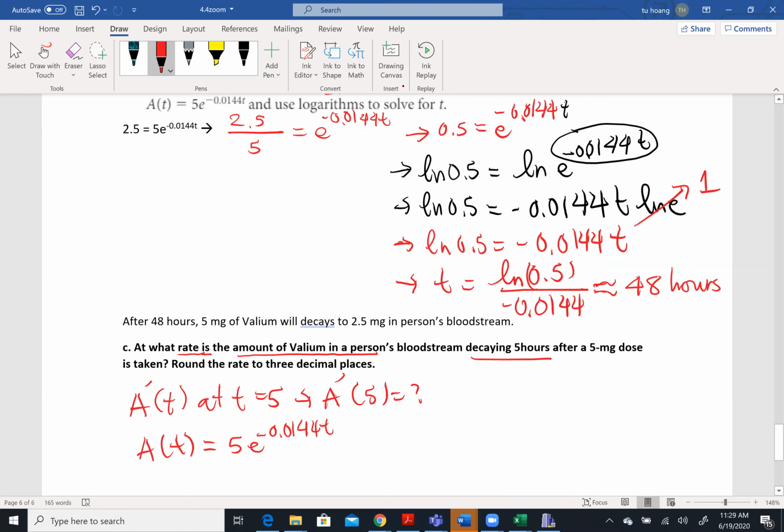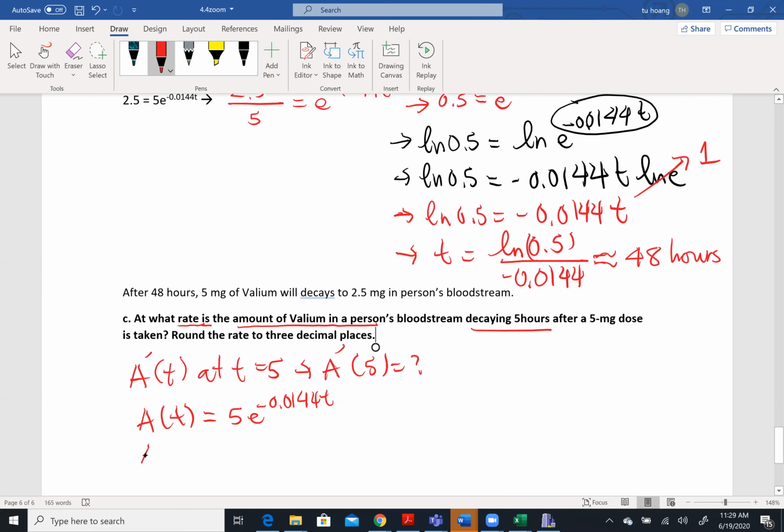In order to take the derivative of that, I'm going to put down the power, because I see the power as a constant multiplied with t. So I put down the negative 0.0144, multiply by 5, and multiply with the natural exponential itself.